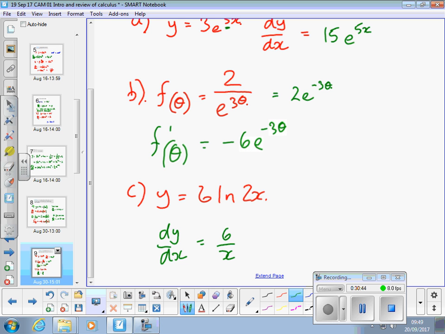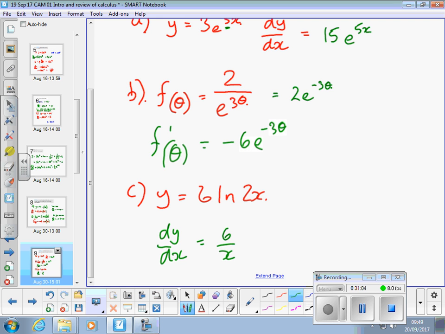Okay, the entry in the table says if we have the function ln of ax, the result of that is 1 over x, and in this case we've got to multiply by the constant 6. Yep.